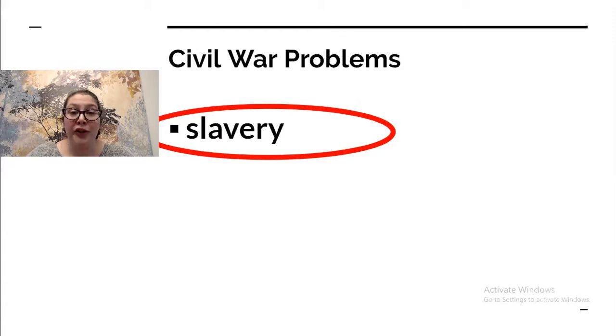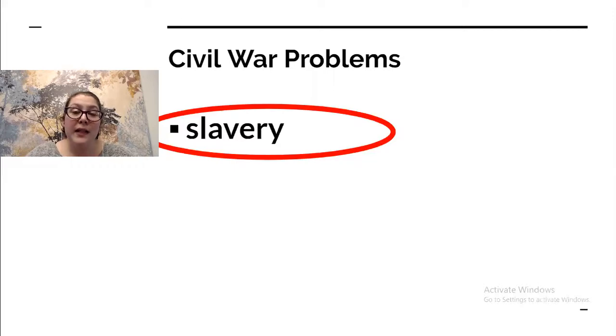But they were not free. They were still slaves. And the southern states did not want to end slavery. They wanted to keep having free workers so that they didn't have to pay them, and that they could continue growing cotton and tobacco and other crops in their farms.